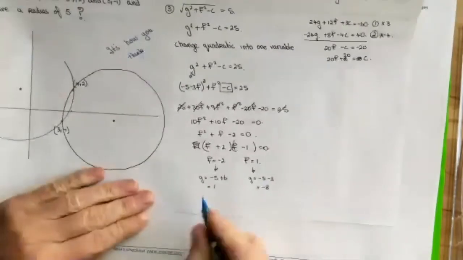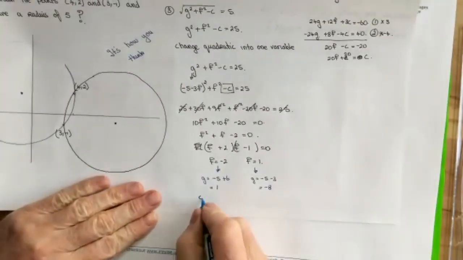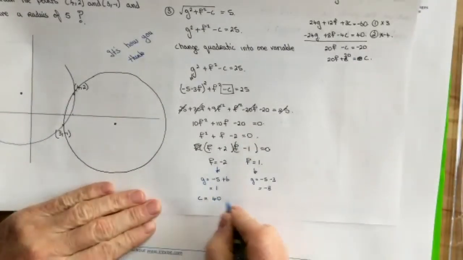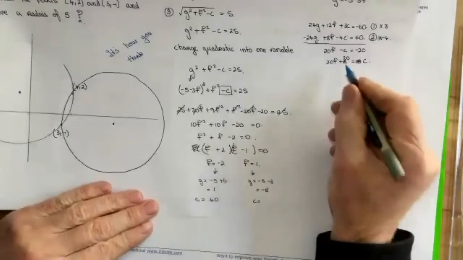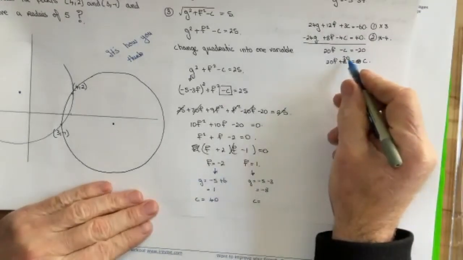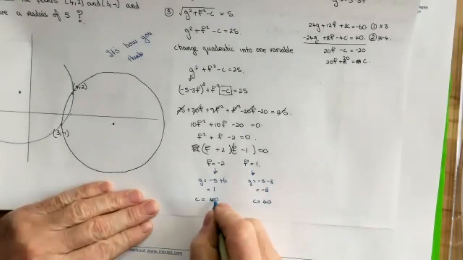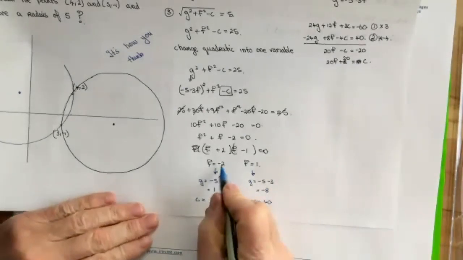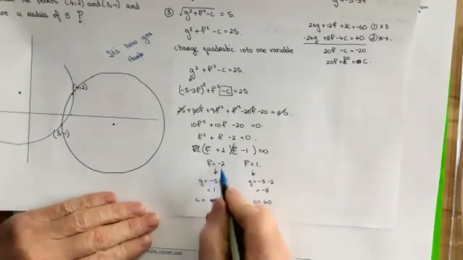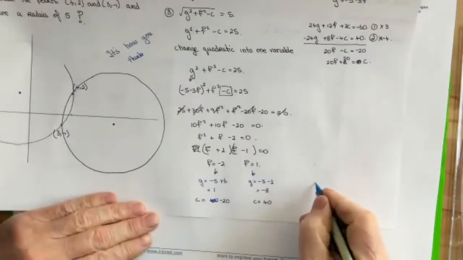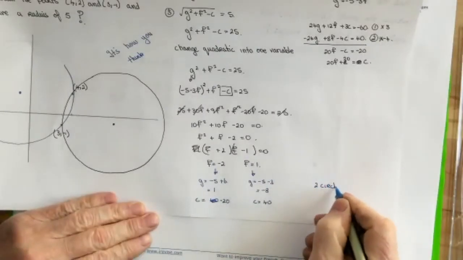And then to get the corresponding c value, the c value is 20f plus 20, which is 40. And when f is minus 2, the c value is minus 20. And GFC, GFC, they give me the two circles.